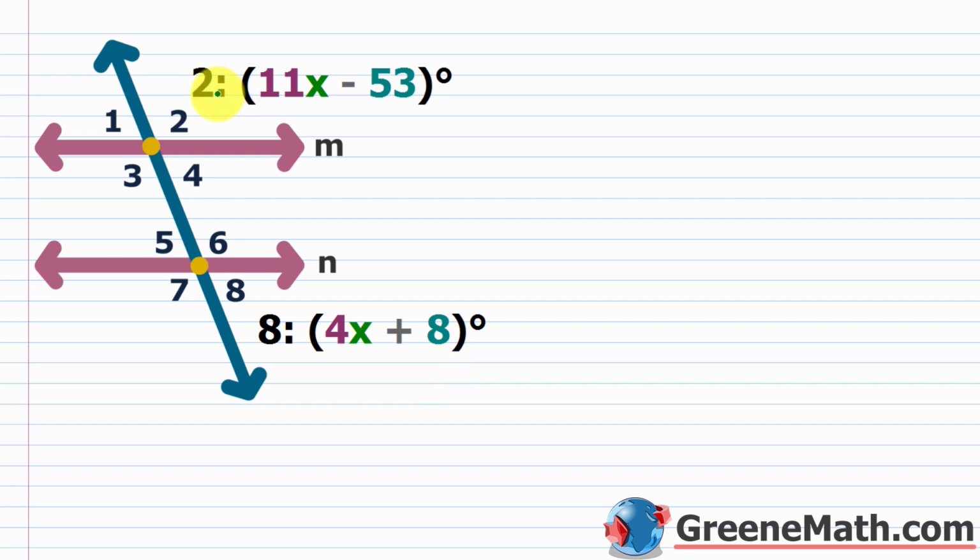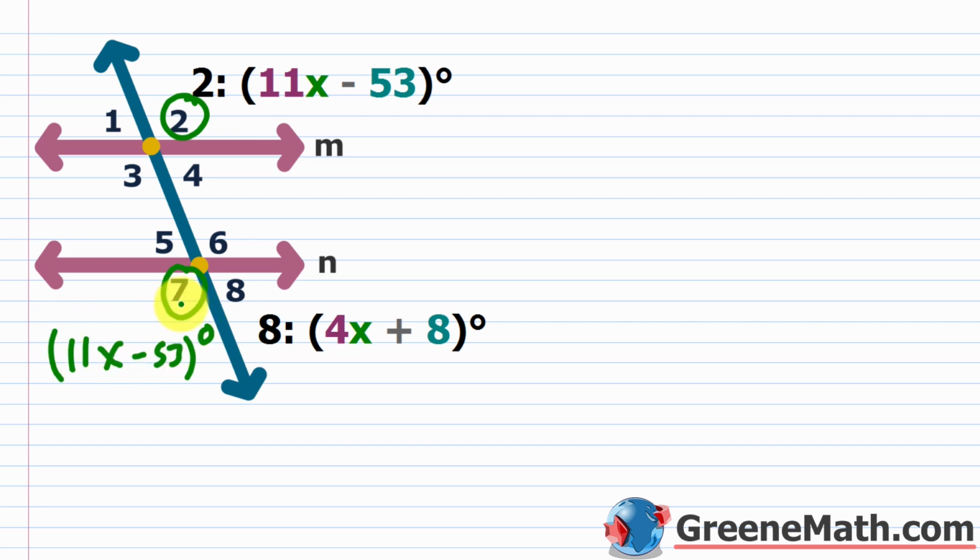So if we start out with the fact that angle 2 has the measure 11x minus 53 degrees, and angle 8 has the measure 4x plus 8 degrees, let's think about the fact that angles 2 and 7 are alternate exterior angles, so they would have the same measure. So I can write that the measure of angle 7 is 11x minus 53 degrees.